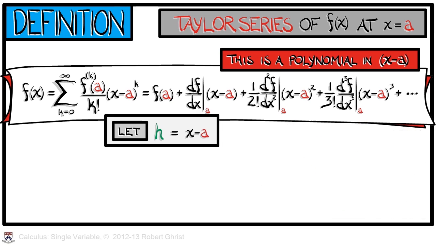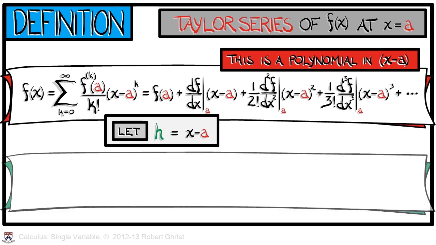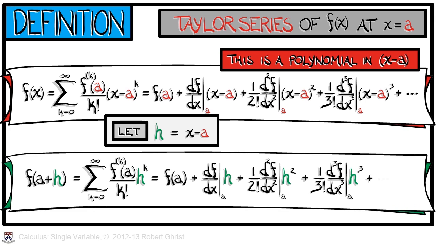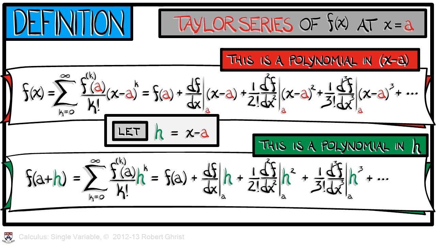If we were to perform a change of variables, defining h to be the quantity x minus a, then the above series would become a polynomial series in h. However, it would not be giving you f of h, but rather f of x, which is a plus h.